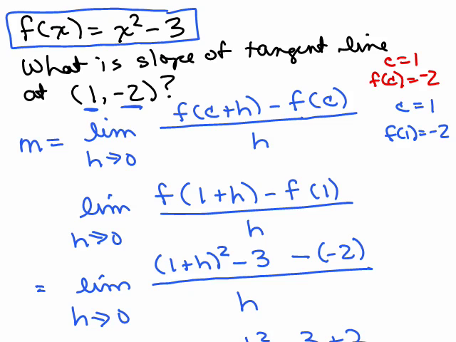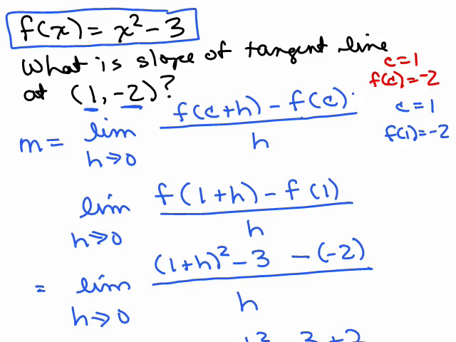This is the third video on the derivative, and what we're working with is the function f of x equals x squared minus 3. That was a parabola opening upward, and we were trying to find the slope of the tangent line at the point (1, -2), using the definition for the slope of a tangent line, which is m equals the limit as h approaches 0 of f of c plus h minus f of c over h.